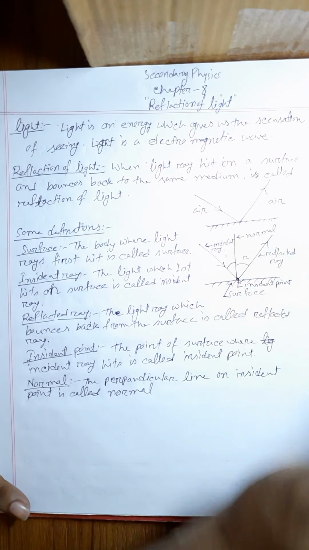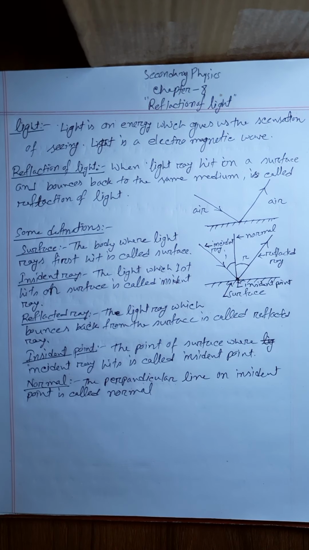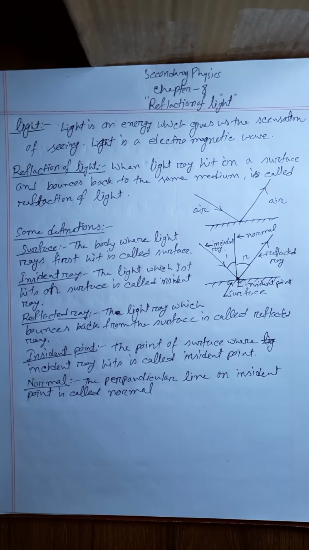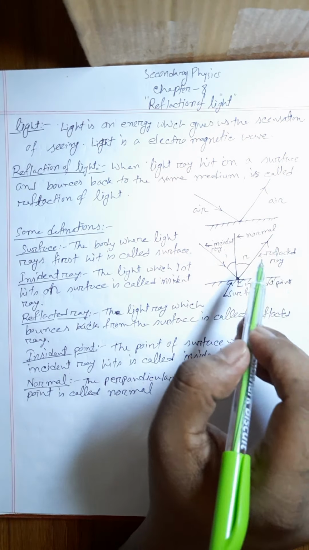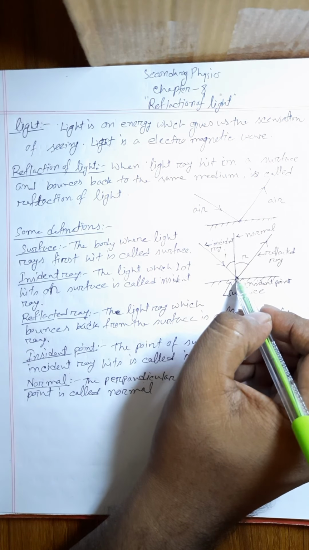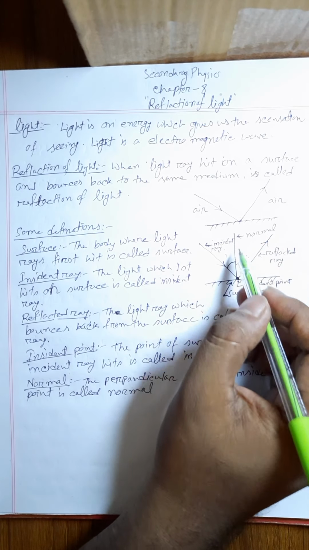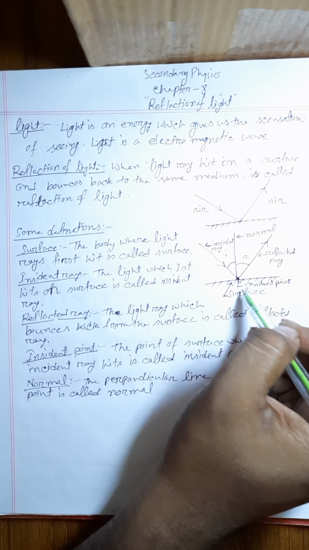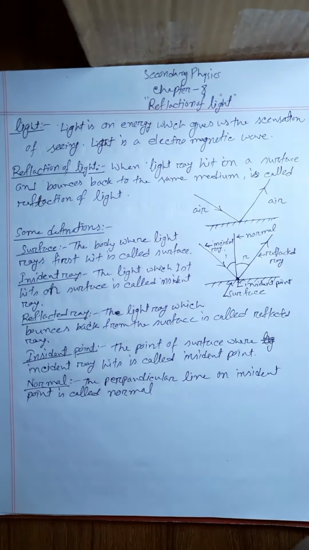This is the normal. Okay. Now try to understand the whole thing again. Incident ray, reflected ray, surface, incident point, normal.